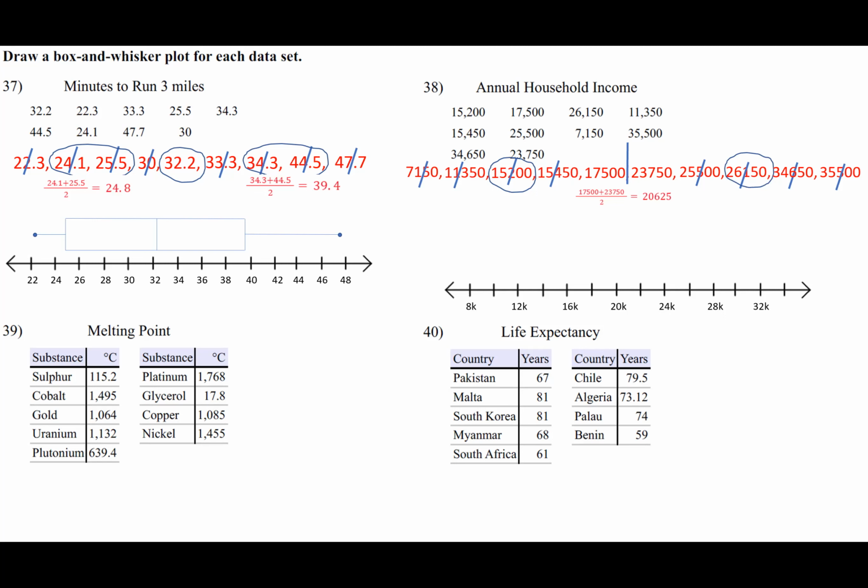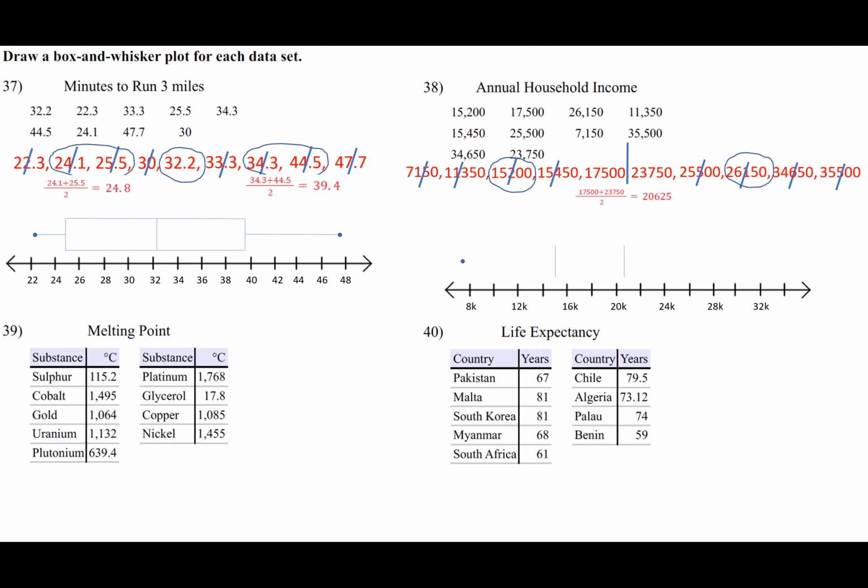All right, let me find the smallest number. The smallest number is 7,150. Let me represent that to the left of the 8,000 as a dot. My lower quartile is 15,200, so it's about here. The median is 20,625, so it's about here.